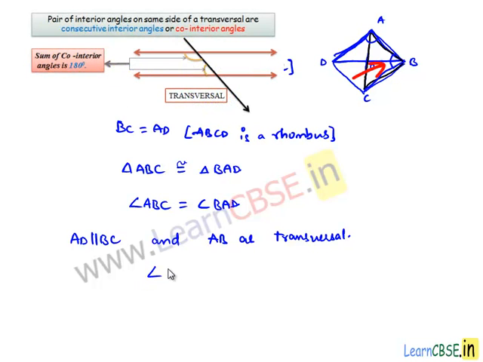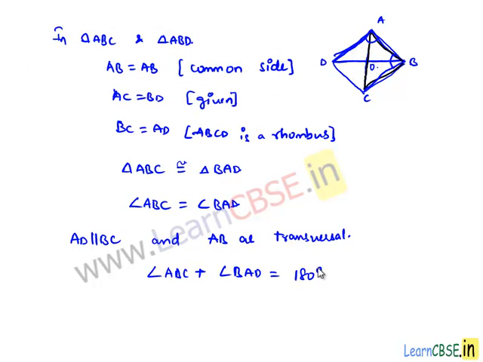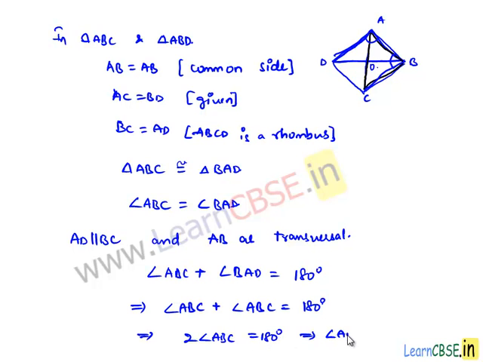We can say angle ABC plus angle BAD is equal to 180 degrees, which implies we can replace angle BAD by angle ABC, so angle ABC plus angle ABC is nothing but 2 times angle ABC is equal to 180 degrees, which implies angle ABC is equal to 180 degrees by 2, which is equal to 90 degrees.